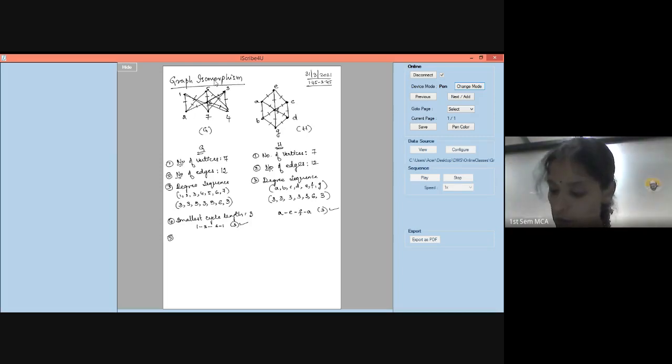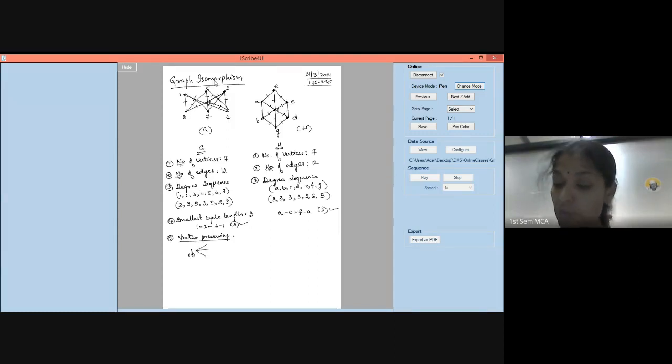Okay. So let us take up the next property, which is vertex preserving. That means every vertex of G should be mapped to an equivalent vertex in H. Here, if I start with 1, 1 has degree 3.